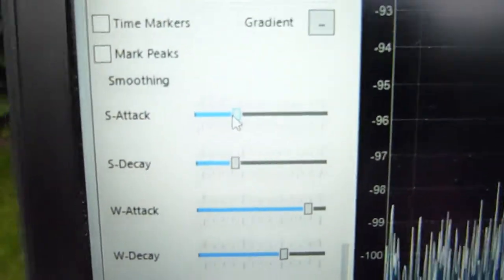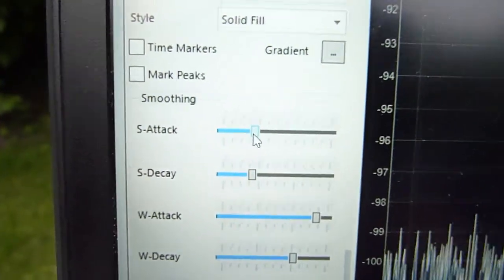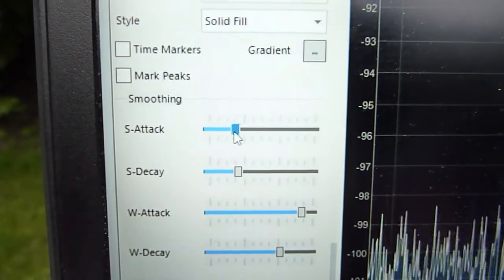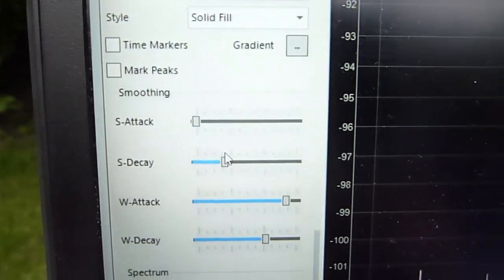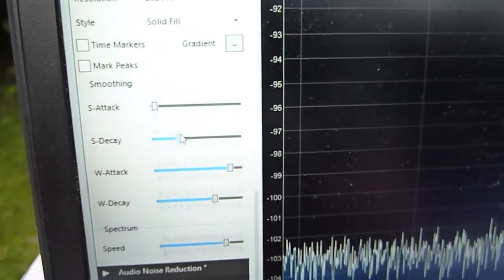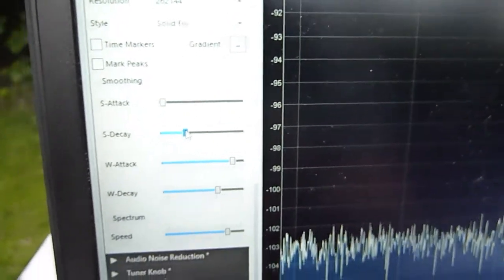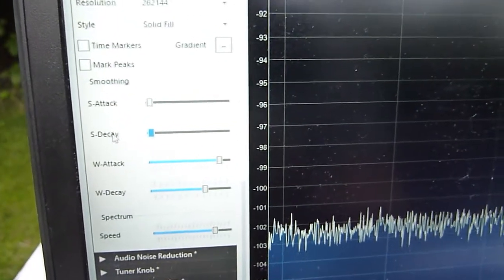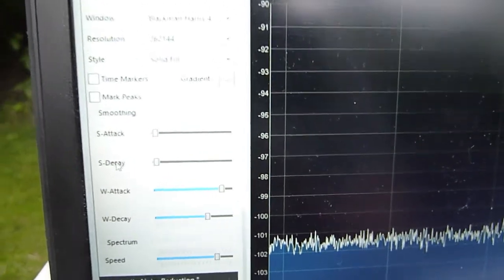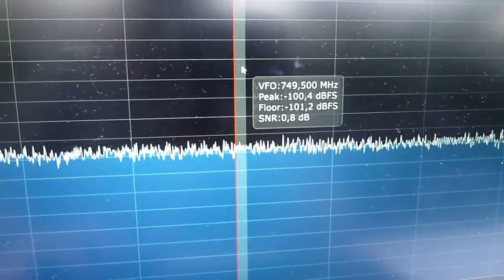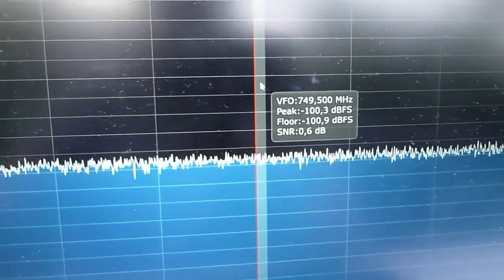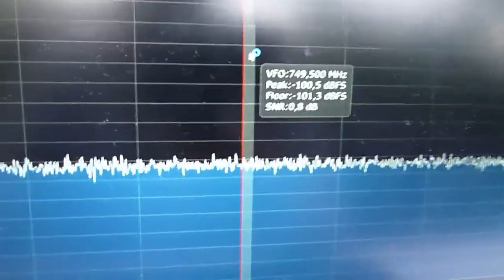There's a setting here called smoothing. Sorry for the camera work. You drag these sliders to the left side, and you get a bit of an averaging, so it's easier to read the value. So let's do that and see what kind of value we have.